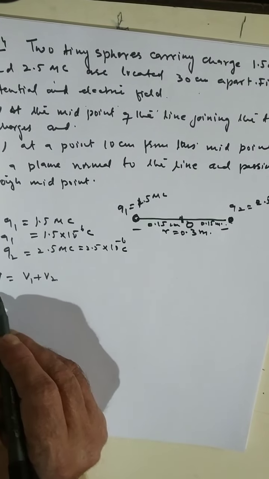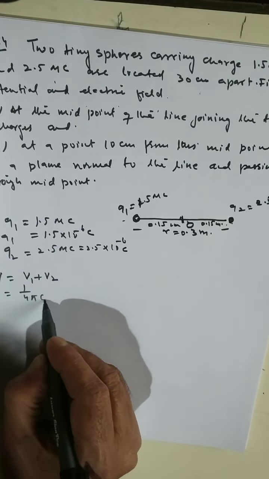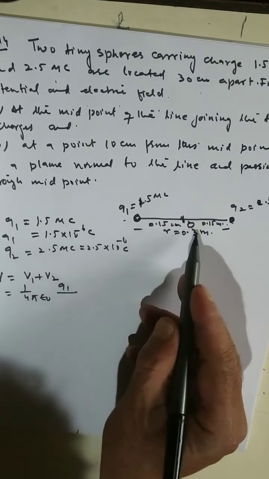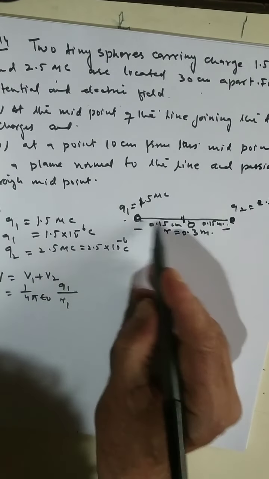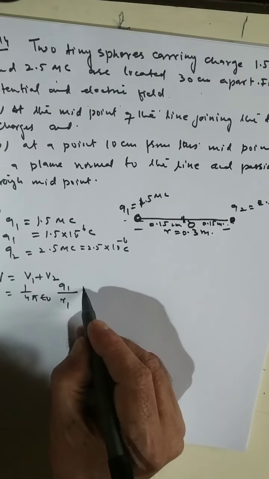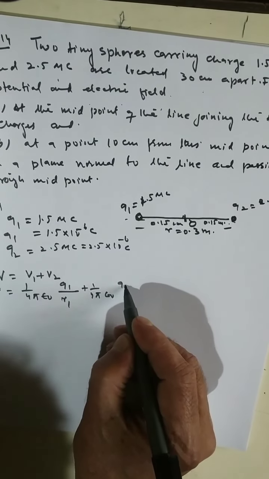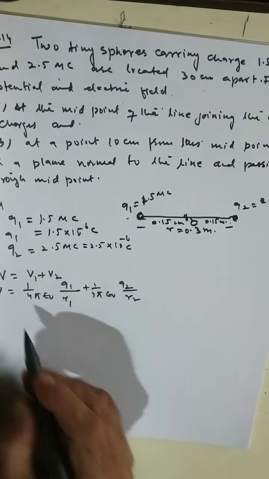Now, V1 due to this charge will be 1 by 4 pi epsilon 0 Q1 by R1, where R1 is the distance from this point to the charge, plus 1 by 4 pi epsilon 0 Q2 by R2. Let's suppose this distance is R2. Now we will substitute the values.